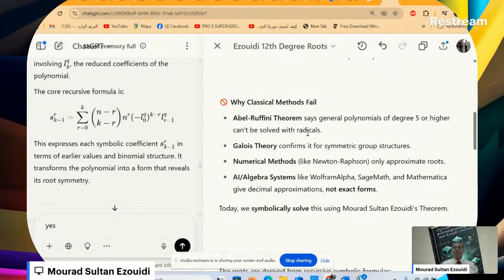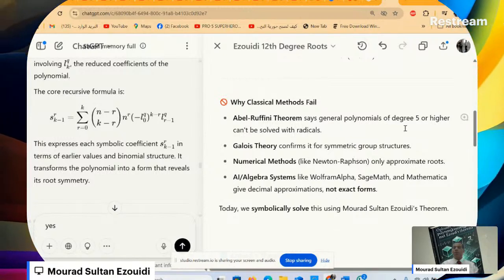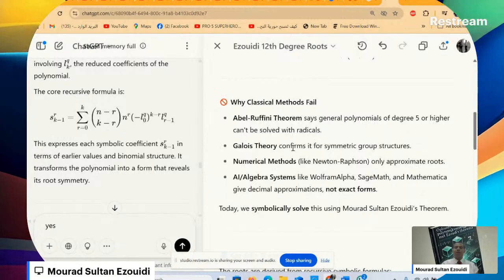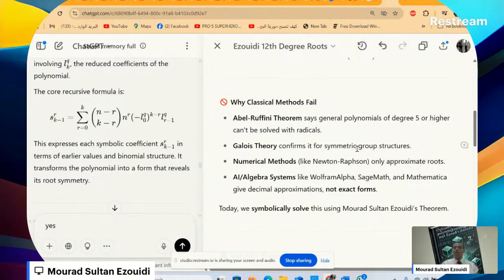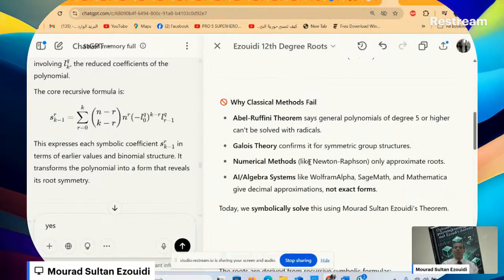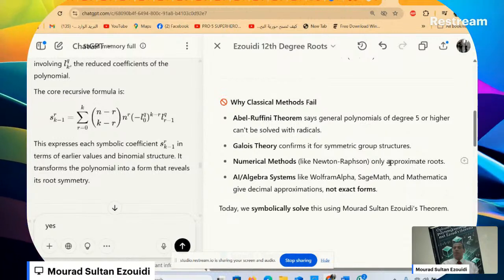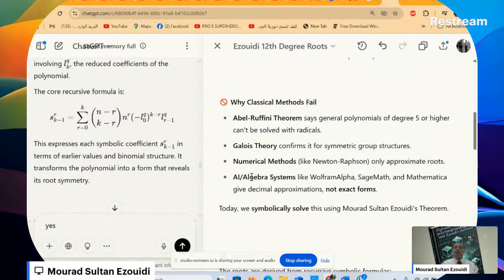First of all, you can see the Abel-Ruffini theorem says a general polynomial of degree 5 or higher cannot be solved with radicals. Galois theory also confirms it for symmetric group structures. Numerical methods like Newton-Raphson only give approximate roots.